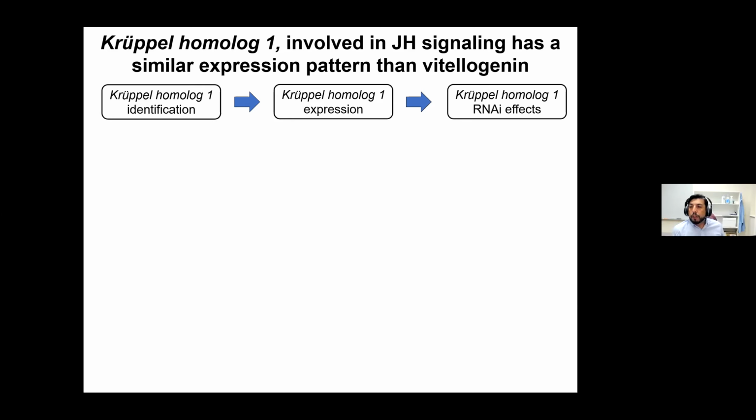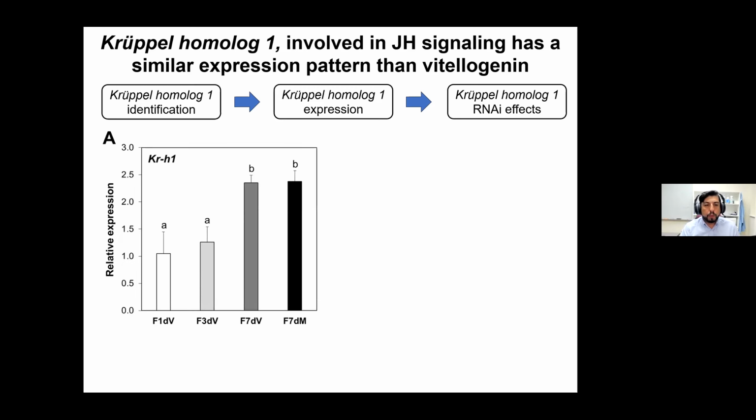So we followed a similar experimental design. We identified Krüppel homolog 1 and determined its expression. And finally, using artificial diet, we applied double-strand RNA and looked at what happened with vitellogenesis.